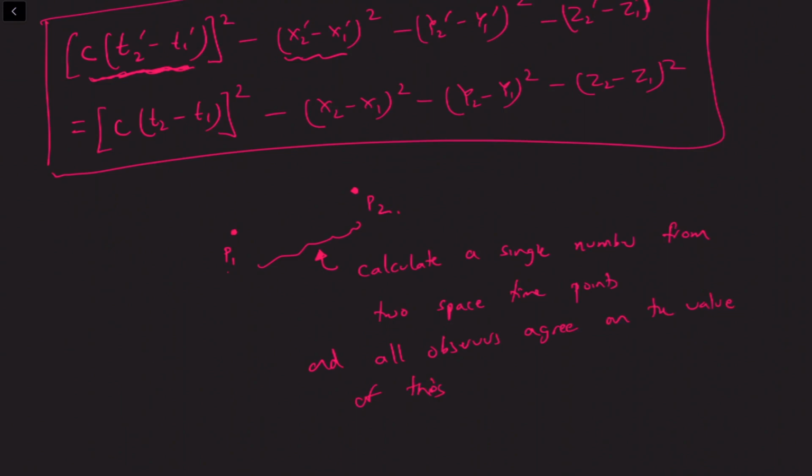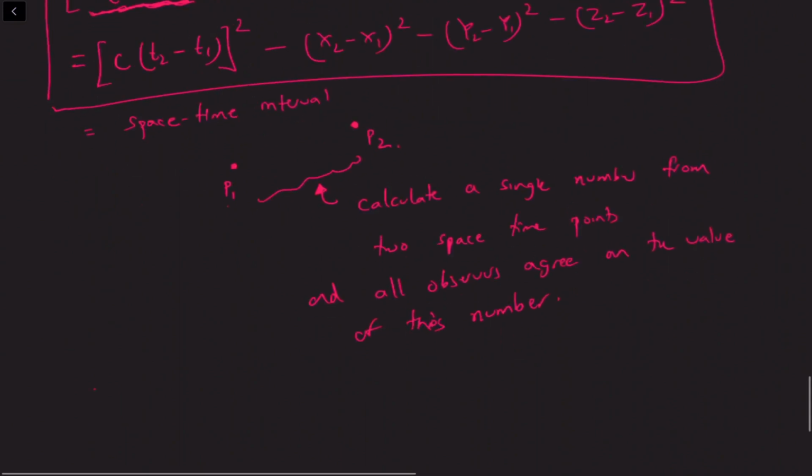All inertial observers. All right. So this quantity that we've constructed is called a space-time interval. And is sometimes denoted as c square delta tau square.